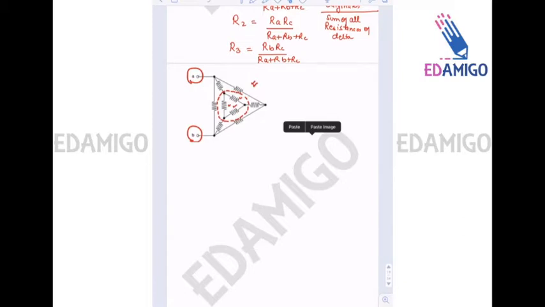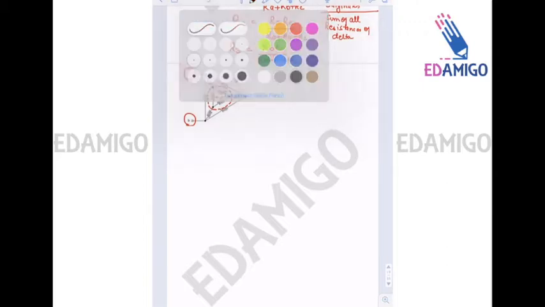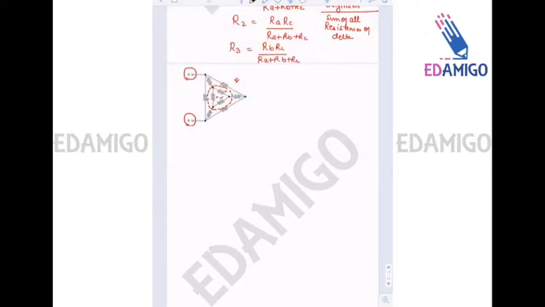Okay, so this is the figure. We will convert this delta into star. So this will be transformed like this.